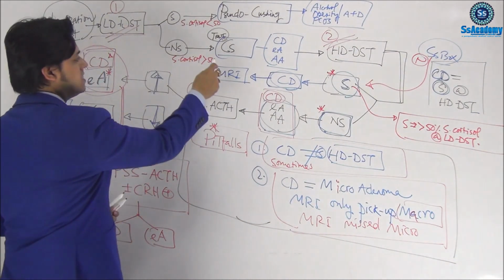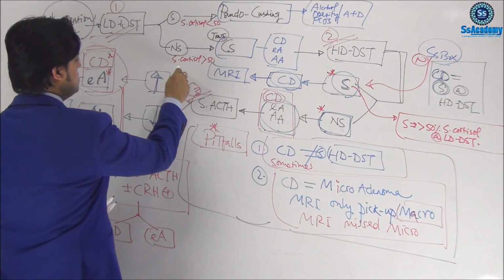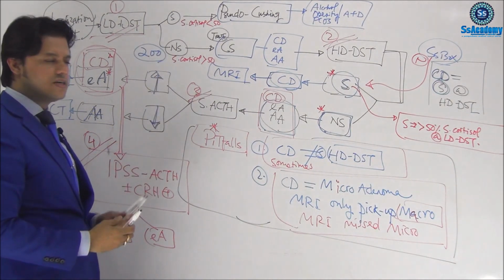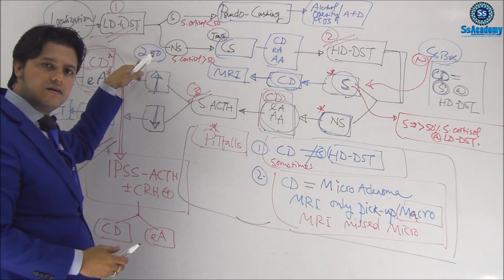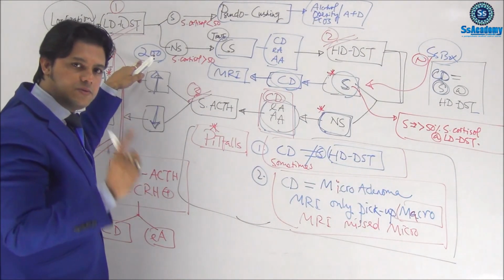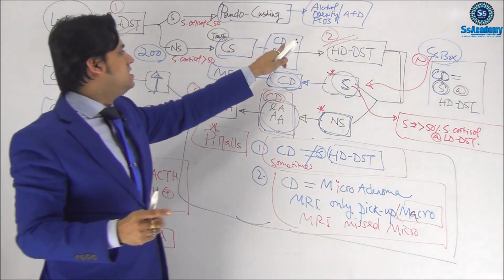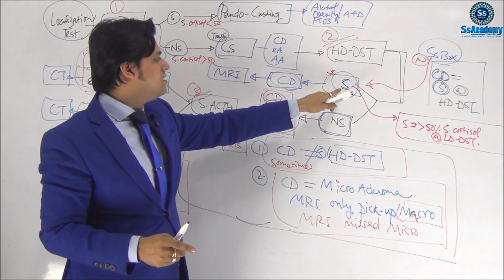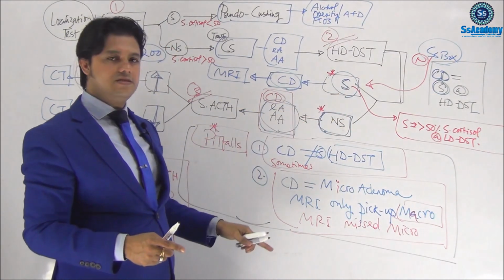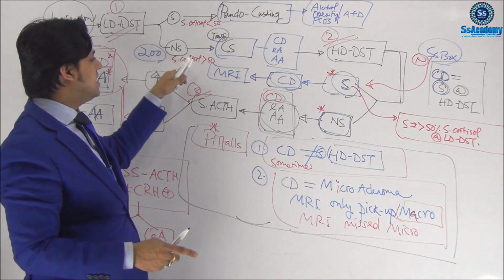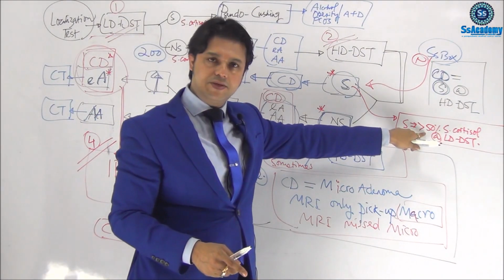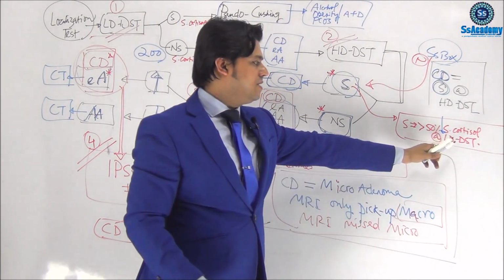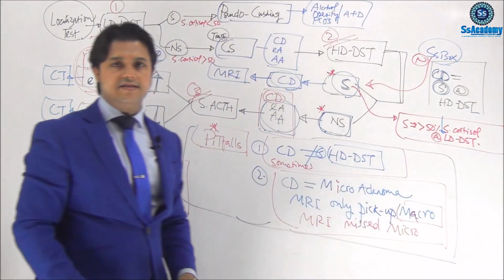LDDST not suppressed means greater than 50. So we got a serum cortisol level of 200. Serum cortisol level 200 after LDDST, what does it mean? This is not suppressed, more than 50, so definitely this is CD, EA and AA. And for HDDST after that, suppressed and not suppressed: 200 is the LDDST value, and suppression means greater than 50% suppression of the serum cortisol level found at the LDDST.